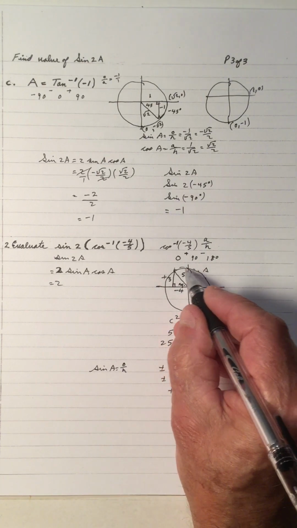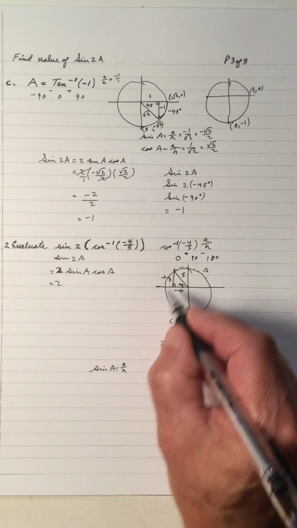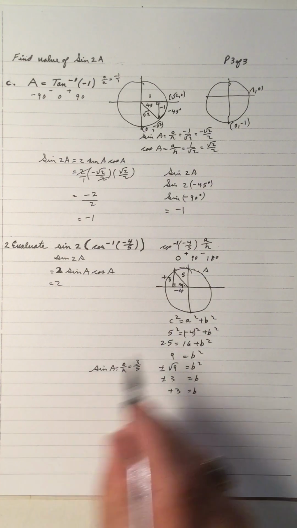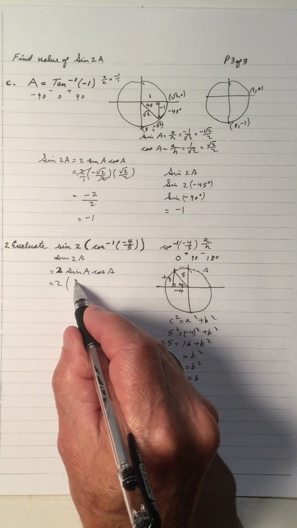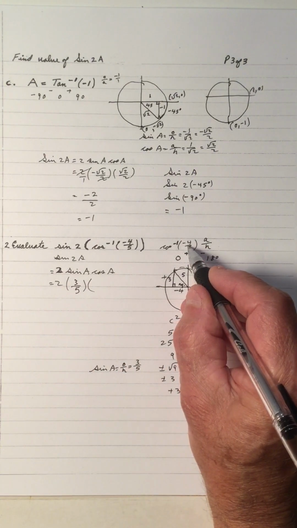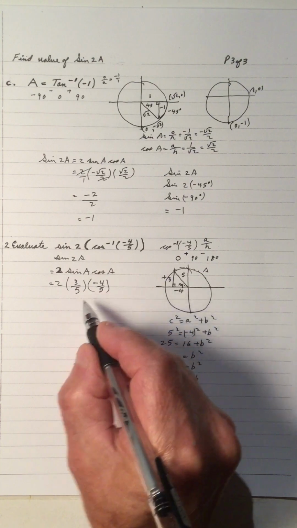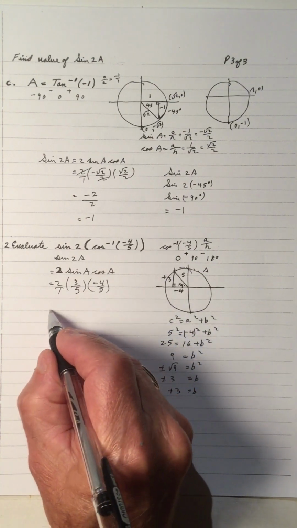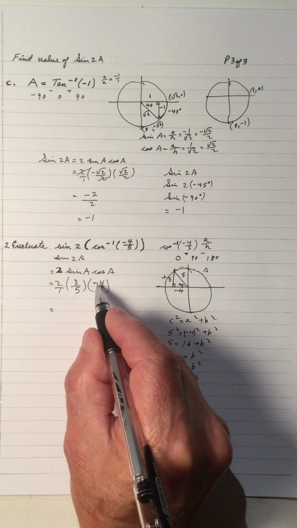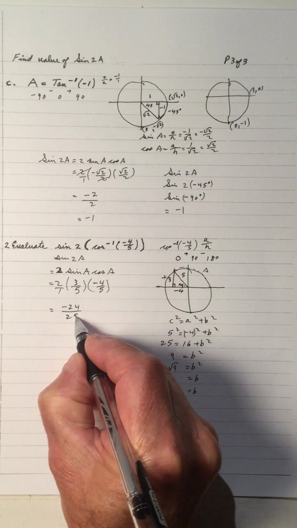So the sine of angle A is the same as the sine of this reference angle in quadrant 2. So it's 3/5. So sine is 3 over 5. Cos is negative 4 over 5, over 1. So multiply: 2 times 3 is 6, times negative 4 is negative 24 over 25.